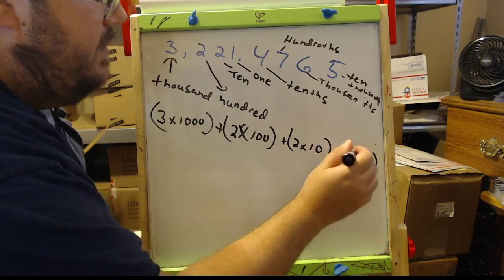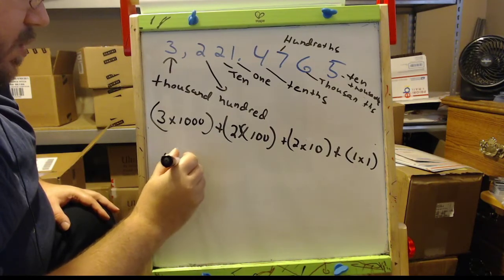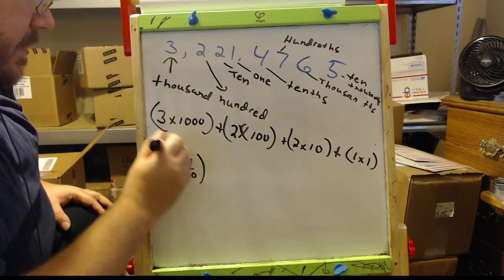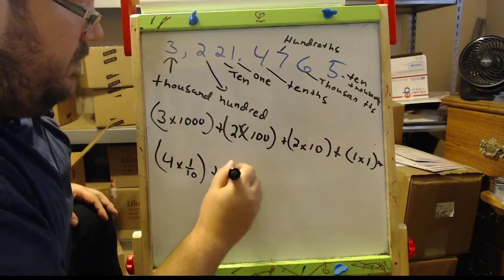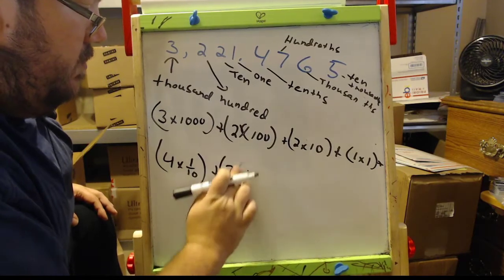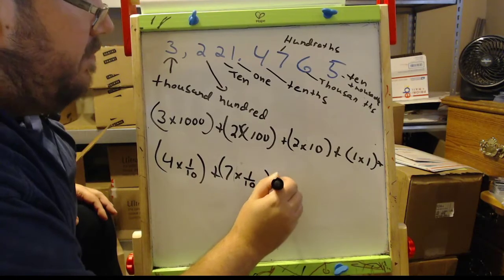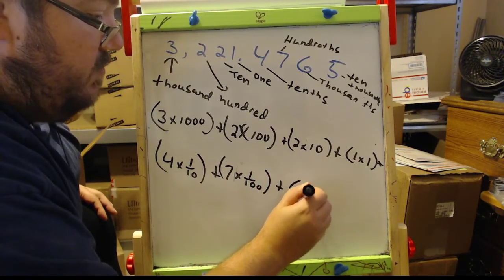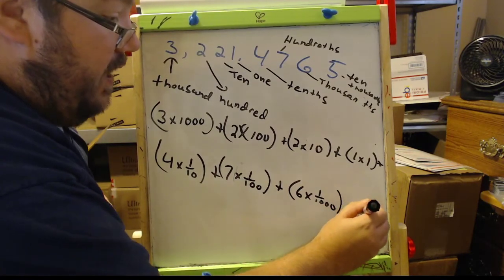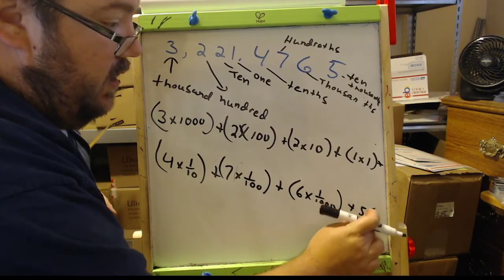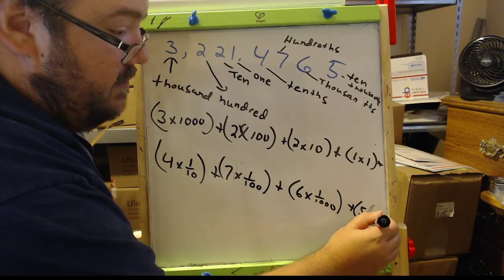And then when we get down here, 4 times 1 over 10, because we're in the tenths. Plus 7 times 1 over 100 plus 6 times 1 over 1,000 plus 5 times 1 over 10,000.